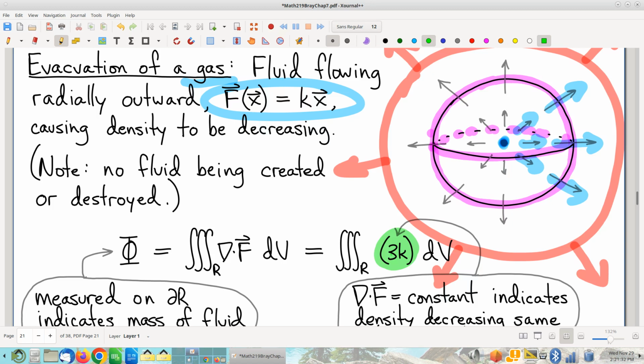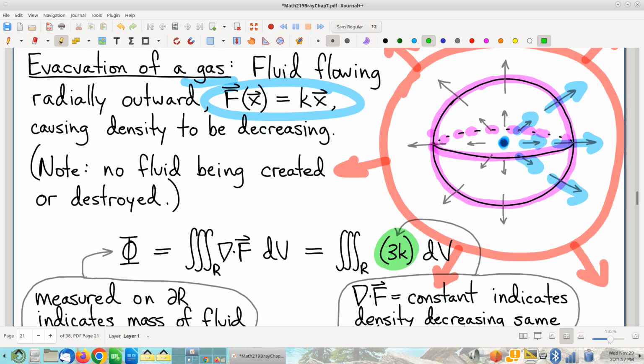This purple volume is fixed, same amount of volume, but air is leaving. So mass per unit volume inside of this purple sphere is decreasing. Grand total, I'm losing mass, and therefore I'm losing average density throughout this whole sphere. That's what the flux is telling you.